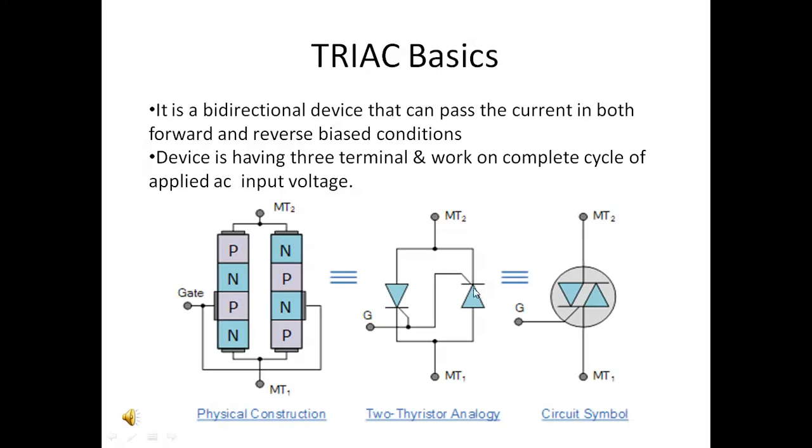Both the gate terminals of the SCRs are connected to form one gate terminal. It has two terminals, MT1 and MT2, as anode and cathode, and the gate terminal. So basically this device has three terminals, and it works on the complete cycle of the applied AC input voltage.